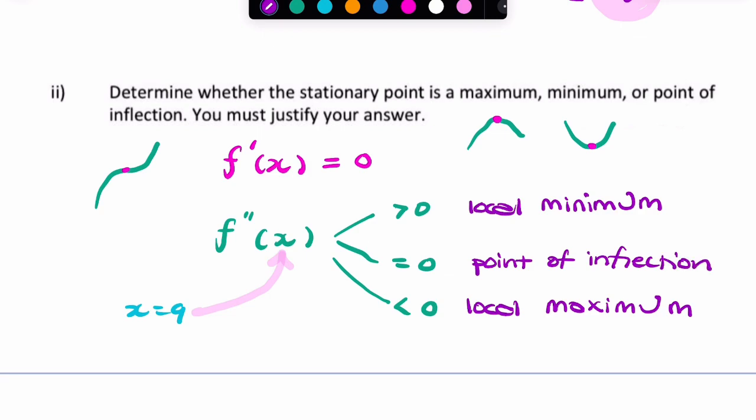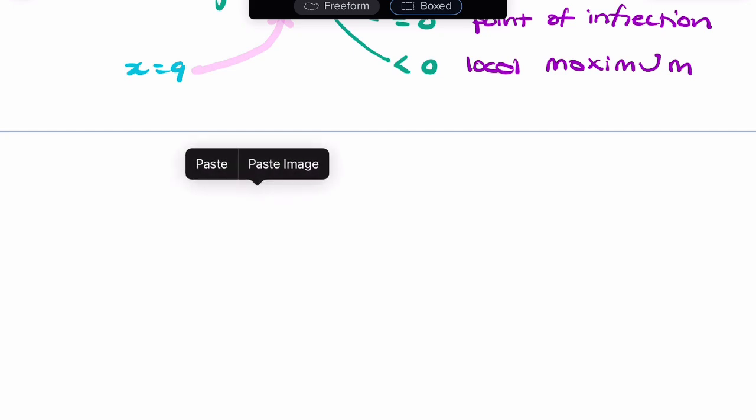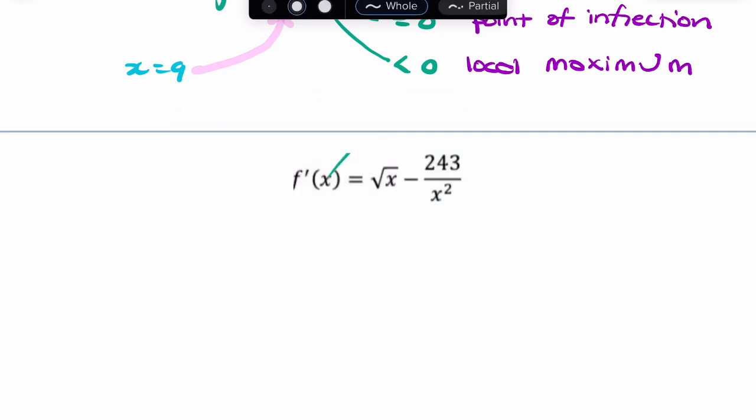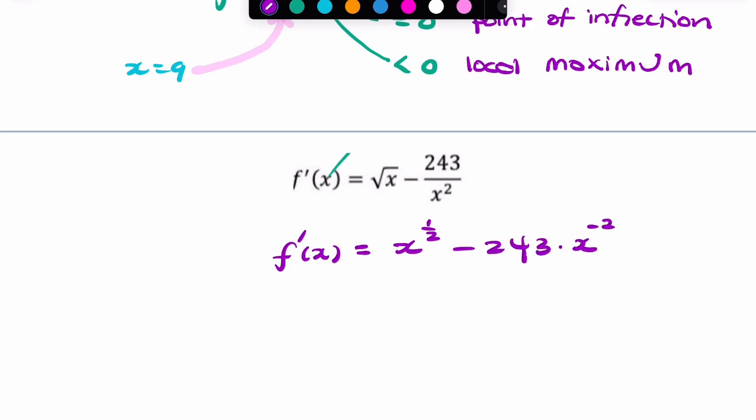So, if we start with our expression for the first derivative, that was our first derivative, f dash. Let's rewrite that actually, because nobody likes surds, nobody likes x in the denominator. So that's x to the power half. So that's f dash equals x to the power half minus 243 times x to the minus 2.